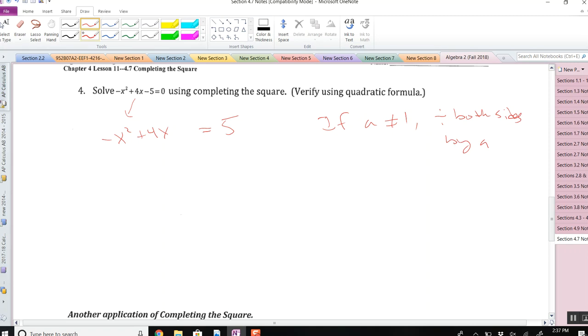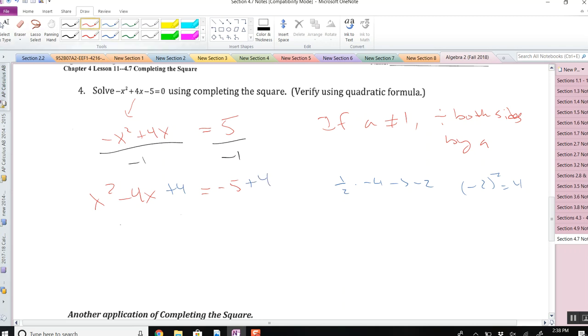So everything's going to get divided by negative 1. x squared minus 4x equals negative 5. Take half of b, and then negative 2 squared is, of course, 4. Add 4 to both sides.